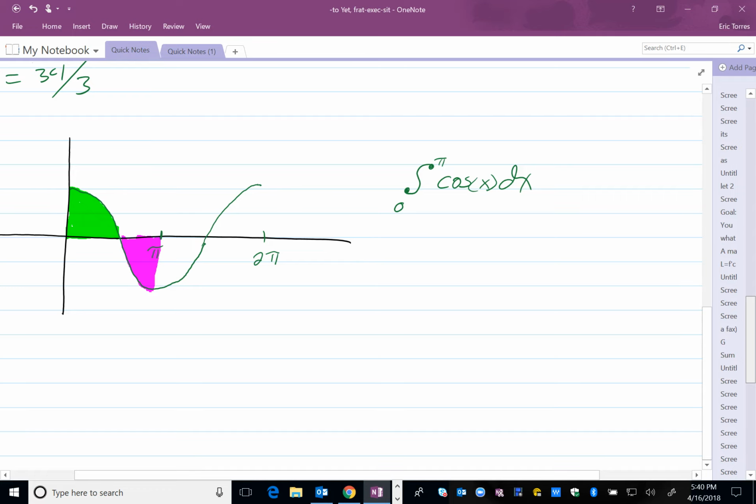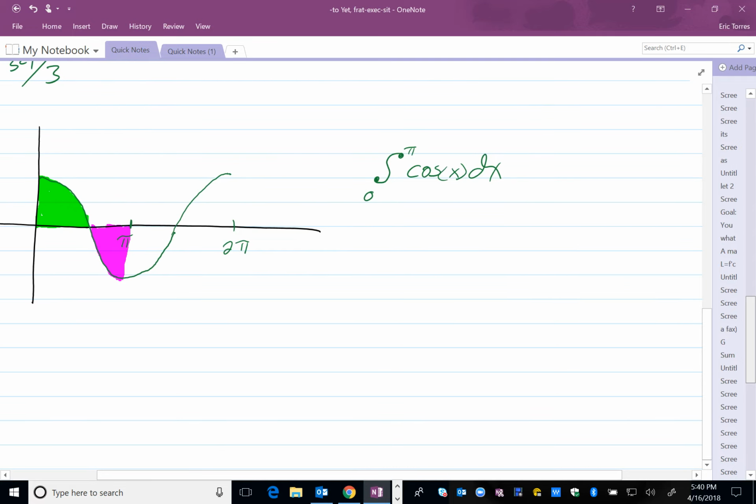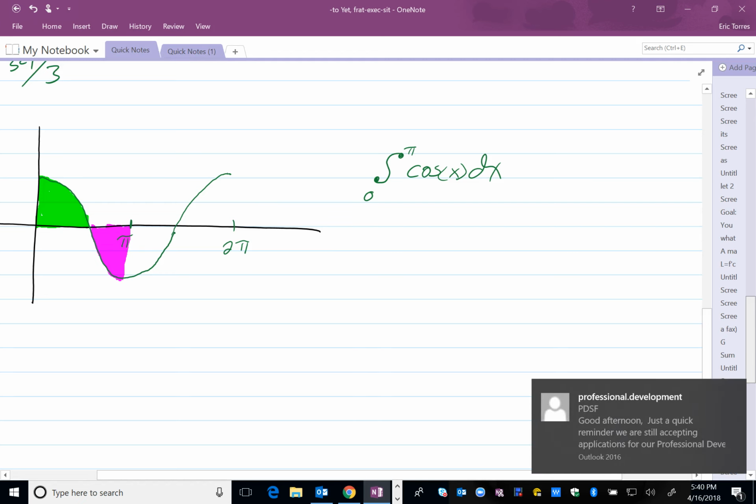So let's take a look at this. It should be obvious what I'm going to accumulate in total. You should be able to have a good guess what that's going to be. So let's go through the process. The antiderivative of cosine is sine.